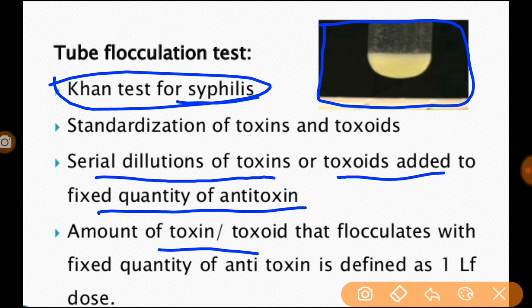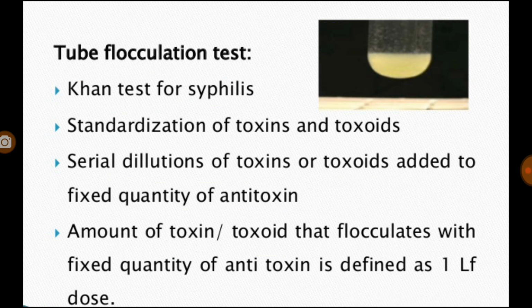The amount of toxin and toxoid that flocculates with a fixed quantity of antitoxin is defined as 1 Lf unit (Limes flocculation). This is the tube flocculation test. Remember the example, the Kahn test for syphilis, and the image for it is here.